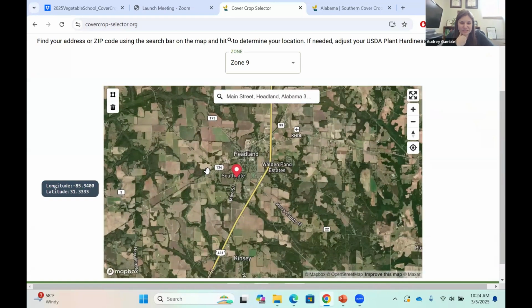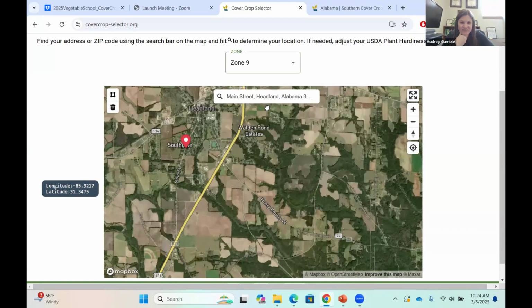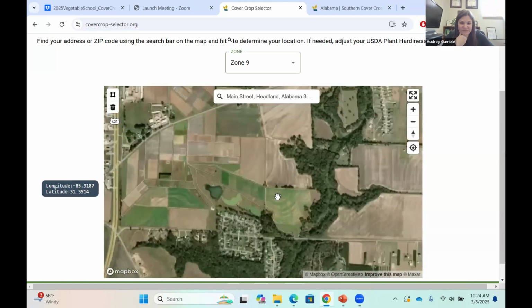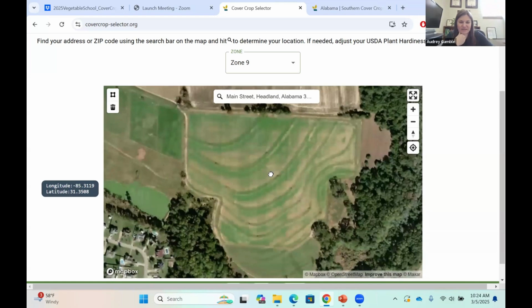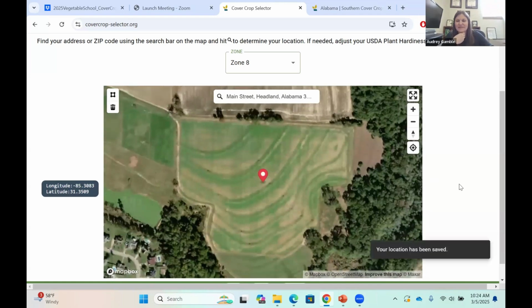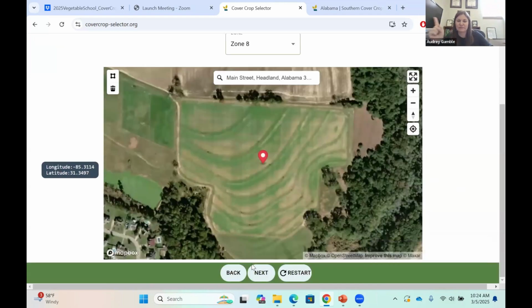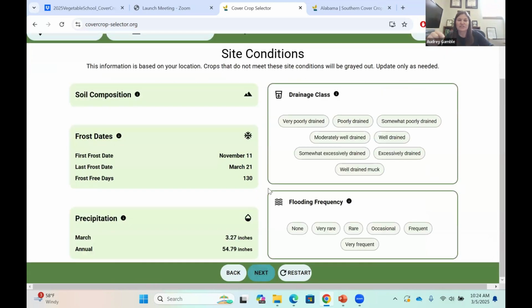Okay, and then I'm going to zoom in here. Here's one of my fields where I plant cover crops every year. So I'll just click on that. And that gives me a location. And the reason that we want to pick our location is that this website links to the soil survey data and weather data for that location.